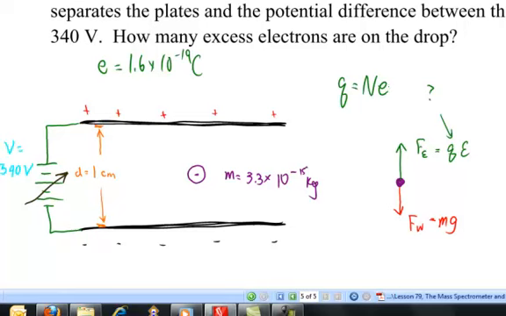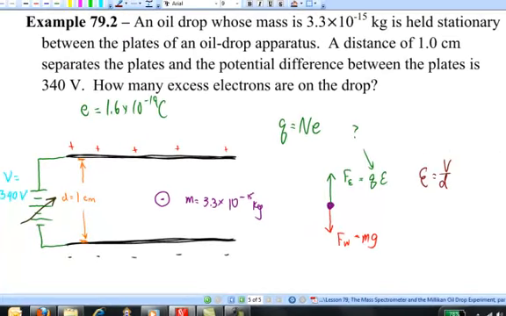Let's balance these two forces, but we need to know an expression for the electric field. For a uniform electric field created by parallel plates, we know that the electric field is equal to the difference in potential divided by the plate separation. In this case, the difference in potential is 340 volts. The plate separation is 0.01 meters because it's 1 centimeter. We can put those things together. We begin by equating the forces.